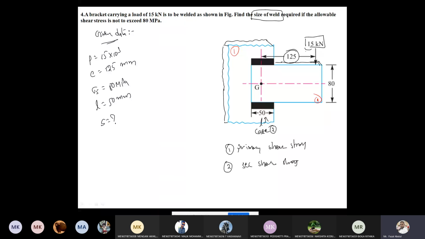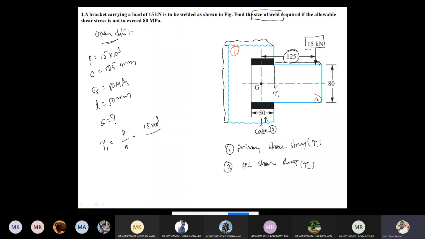First I'm calculating the primary shear stress. It is acting vertically downward. If you consider one point here, the primary shear stress always acts vertically downwards; I'm giving that as shear stress 1 and this is shear stress 2, vertically acting in the downward direction. The intensity is shear stress equals load by area. Load is 15 into 10 to the power of 3.